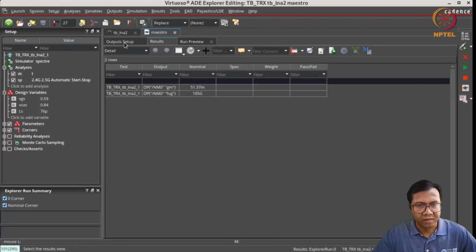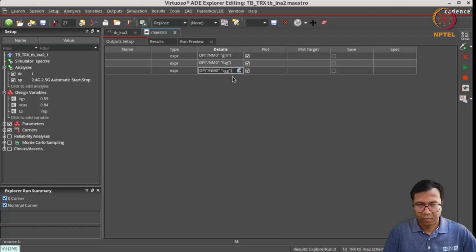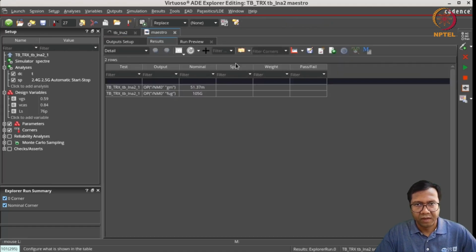For that, let us estimate what is the capacitance which is already present. So we can find CGG, which is the total capacitance at the gate node. You can see it is around 78 femtofarad.